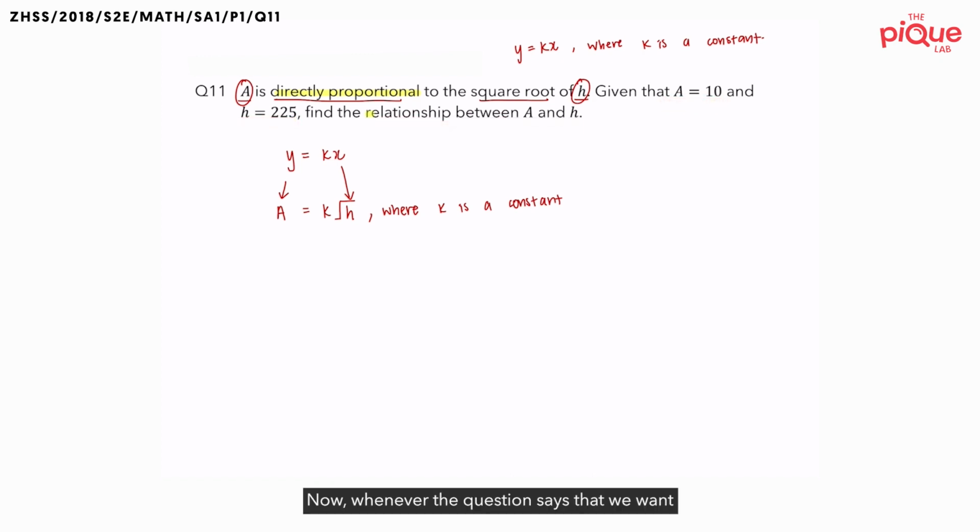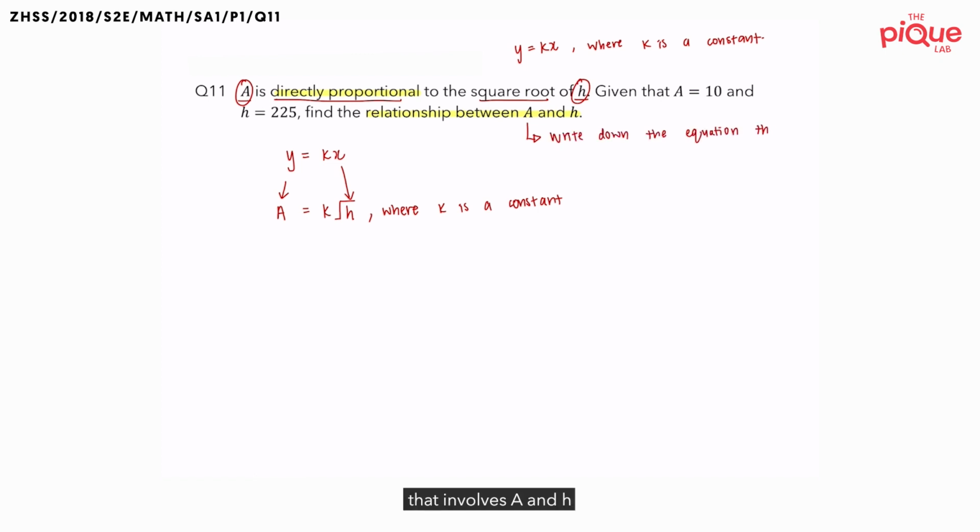Now, whenever the question says that we want to find the relationship between A and H, which are the two variables in this question, what they want you to do is to write down the equation that involves A and H as the variables.